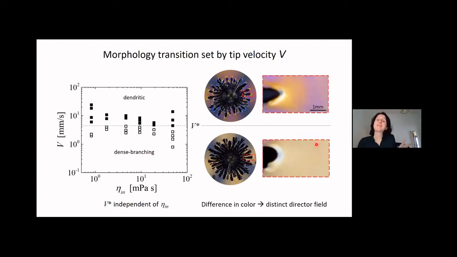Now, one striking feature when looking at these images is that the color of the liquid crystal appears very different depending on whether we have a dendritic pattern or a dense branching one. And indeed, this difference in color bears information about the alignment or the director field in the liquid crystal.